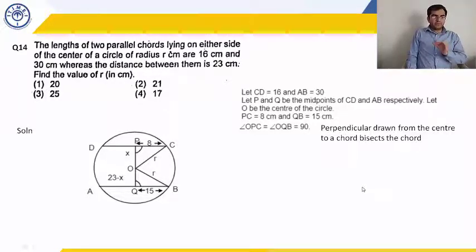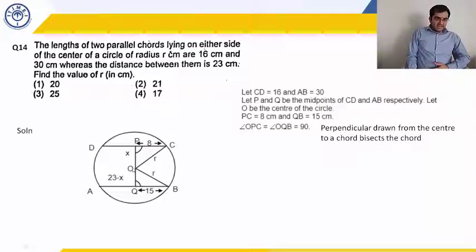It's a common property in circles. Perpendicular drawn from the center of a circle to the chord bisects the chord. And so I get PC is half of 16 and QB is half of 30. So now I have two right angle triangles, triangle OPC and OQB, and I can use Pythagoras theorem.